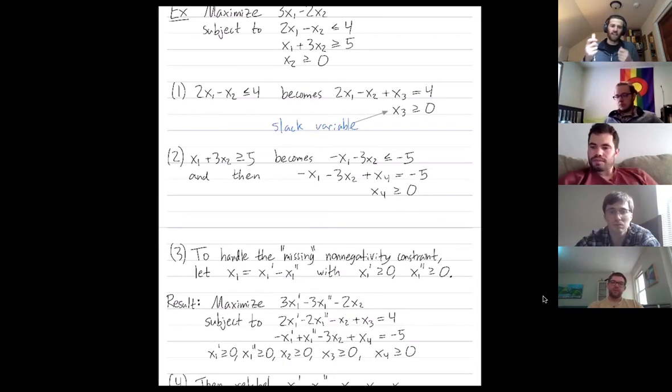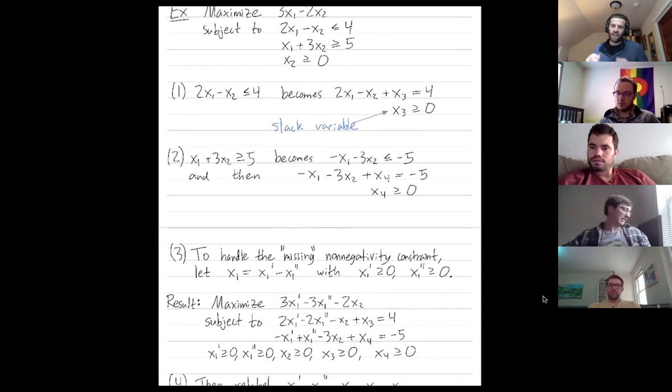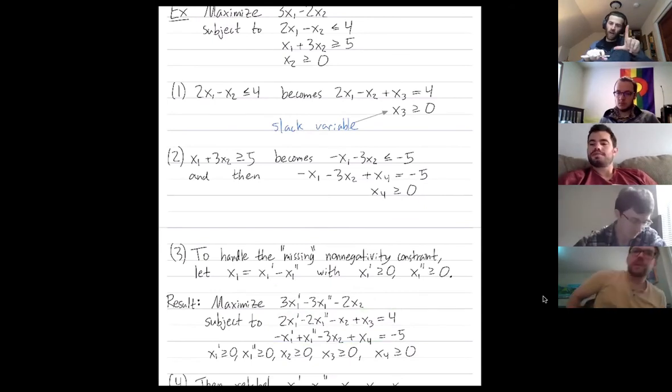Instead of letting x1 prime and x1 double prime be something, I could shift them both together and let them be something else. But that doesn't improve my optimization function, nor does it change whether I've satisfied any of the constraints or not. So I would think of this a little bit like by adding another variable, we're adding another dimension. Maybe our original problem was in the plane.